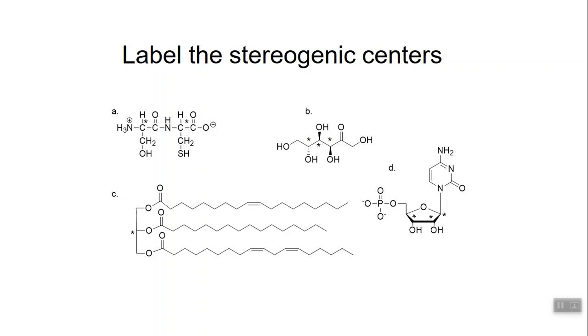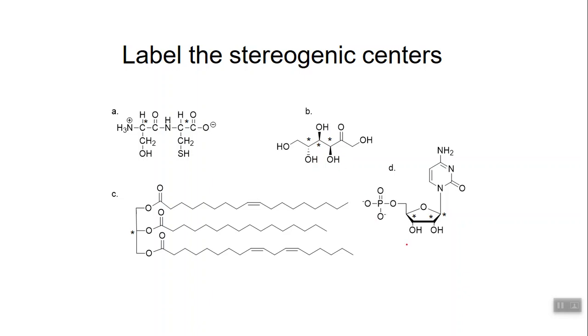These are all biomolecules. So we have a dipeptide, that's 2 amino acids bonded together by a peptide bond. And actually every alpha carbon, except for glycine, for your amino acids, does have a chirality center. Carbohydrate, assuming this is glucose, has 3 chirality centers, each of those bonded to an OH group.